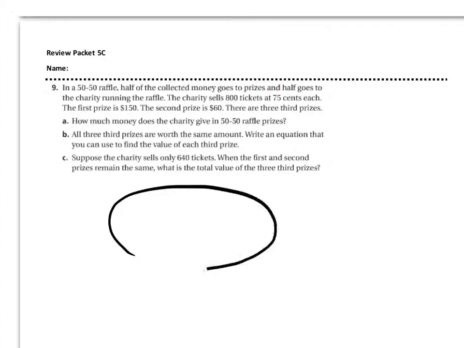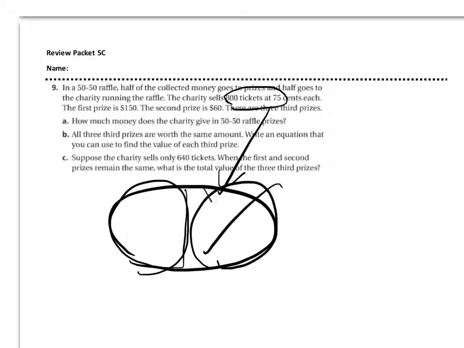So let's say this is the entire money they get, for example, if they sell all of them. Half goes to prizes and half goes to the charity. We don't have to worry about the charity half because that money will be gone. Within the prize money, they spend $150 for the first prize and $60 for the second prize. Whatever is left, you divide by 3, and that will be the third prize.